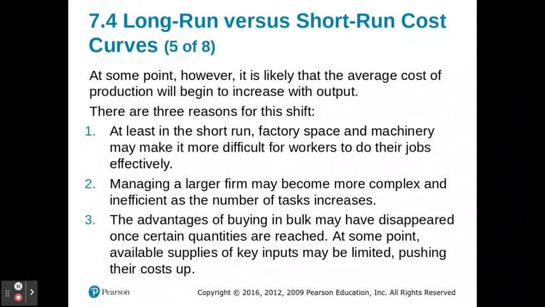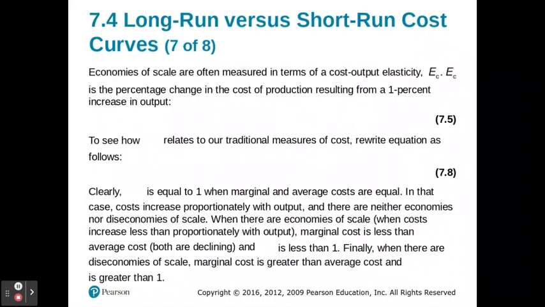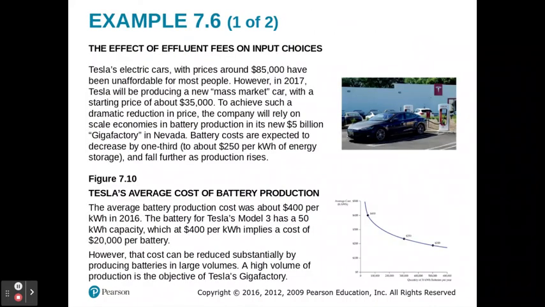And why is that? Again, the firm just becomes more inefficient as it produces more and more. Oh yeah, look at that, the Gigafactory for Tesla. That's a pretty good example of economies of scale.